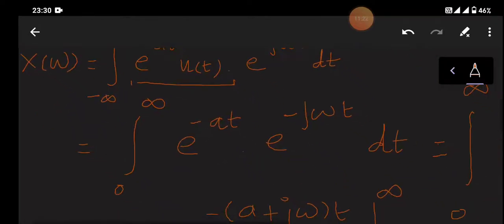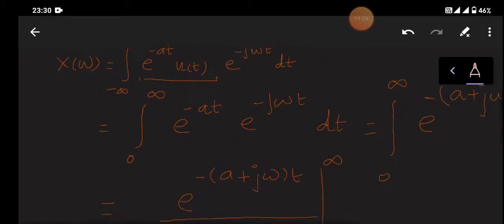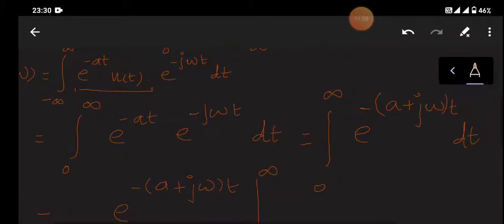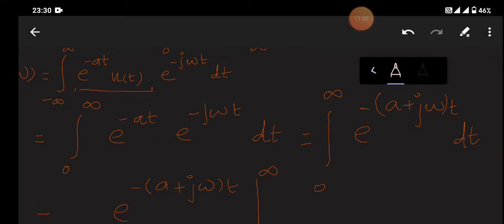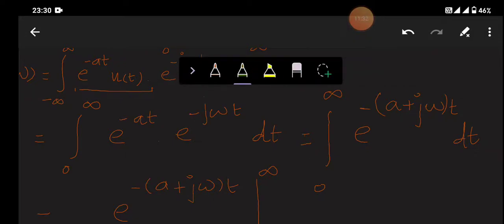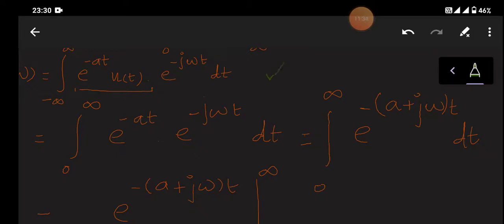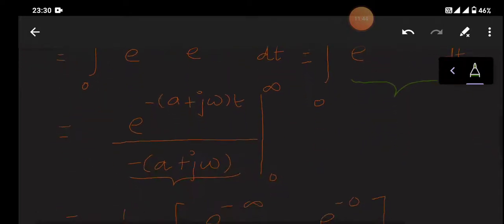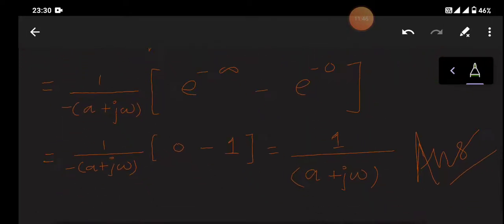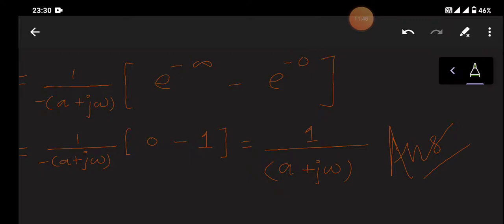After further simplification with two more steps, we converted this step to this, and we have to solve this integration only. After solving the integration and further simplification, we arrive at our answer.